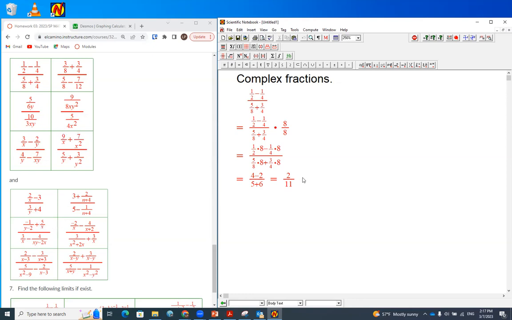Okay, the next example I'm going to do is going to be this piece. Okay, so we have a big fraction bar, fractions in fraction, plus 7/x².